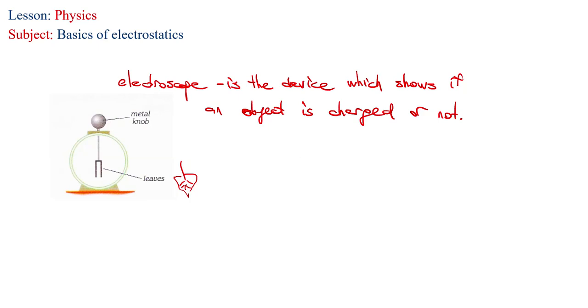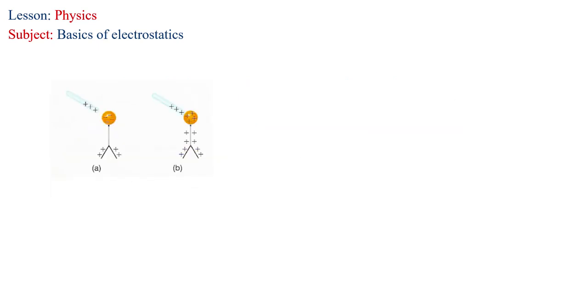So why do we need it? We'll see. Suppose that I have again an electroscope. Of course the sphere is not drawn here, but the main thing is that we have a metal knob and a conducting rod here, and then two leaves here. Suppose that I have a positively charged rod. I bring it close, I didn't touch it.